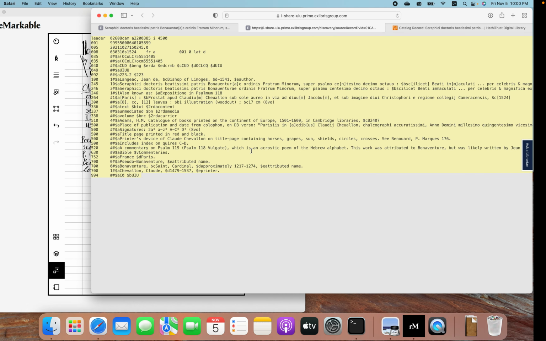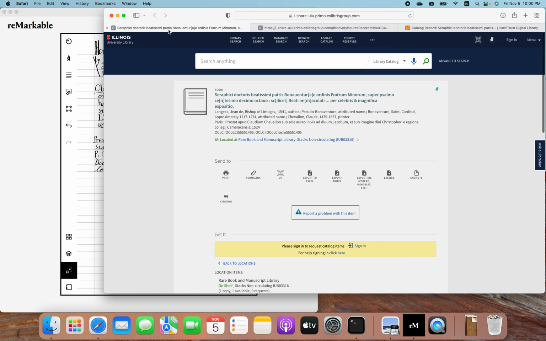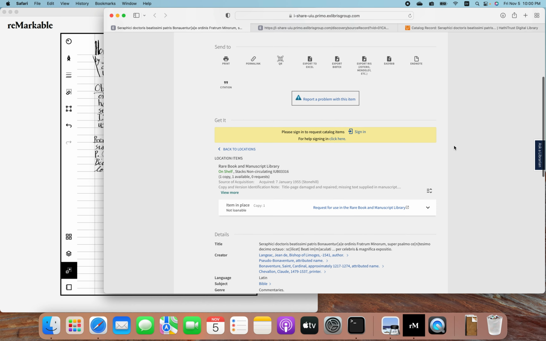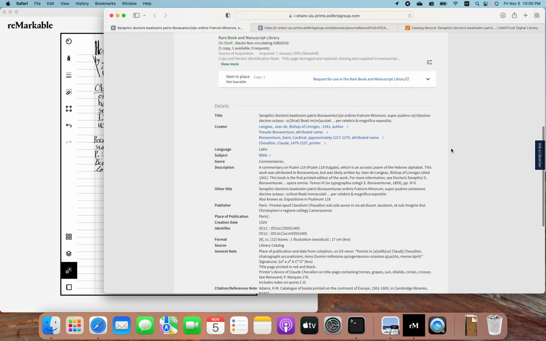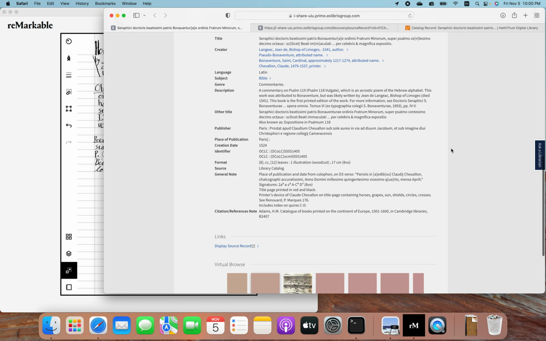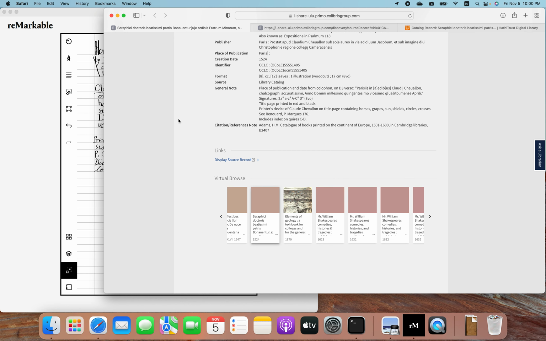But for you, the user, it gets put into this nice thing called an OPAC, or an online public access catalog, and it makes it look nice. It tells you what these things are instead of this obscure number format called MARC.